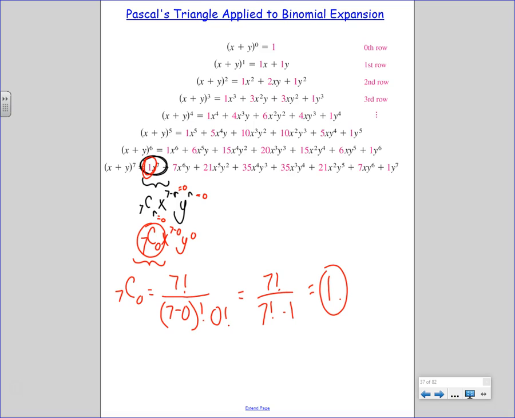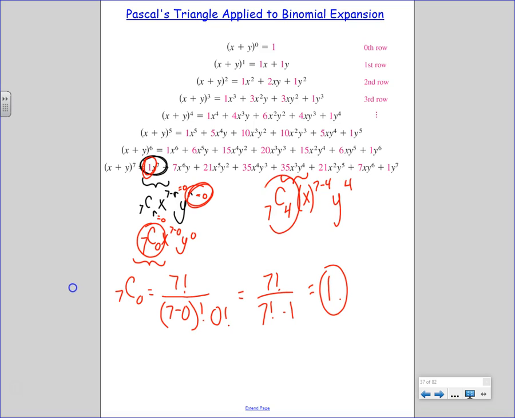If r is 0 here, and if r has to do with the power of y, question, what would r be at this term? So this term would be 7C4, x to the 7 minus 4, x cubed, y to the 4.